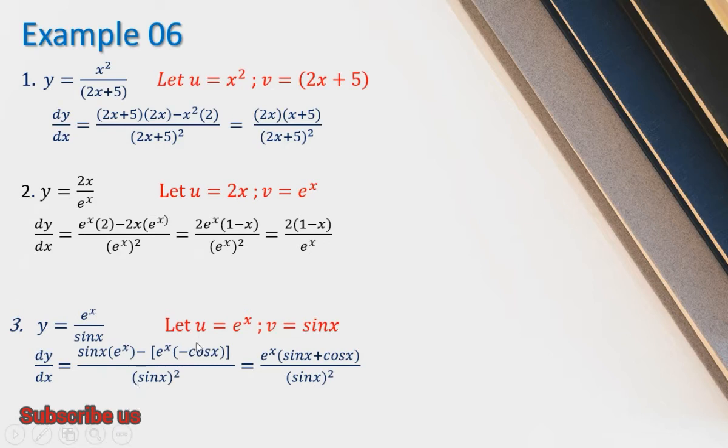Here is a mistake, sorry for that. Here plus cos x, so here must be minus. So as the final answer, e to the power x (sin x minus cos x) over sin x to the power 2.